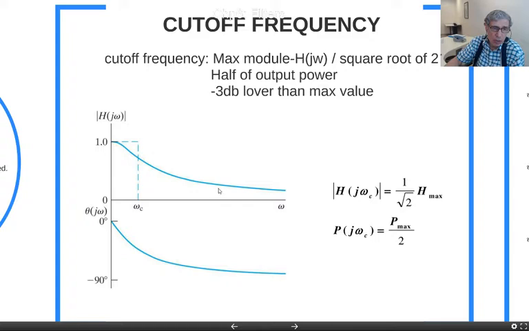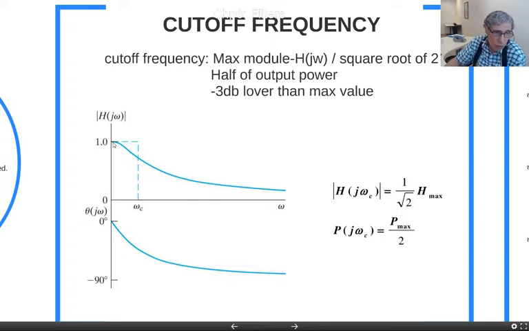If you see that graph, that is the ideal low pass filter, and this is a low pass filter with a few elements included. Now this is the maximum value. It could be different from this one, but for this case it is just 1.